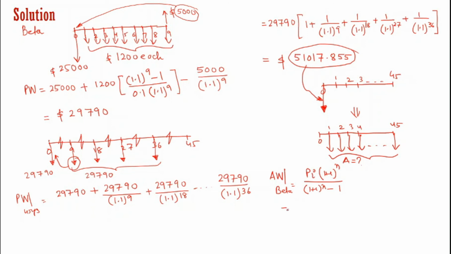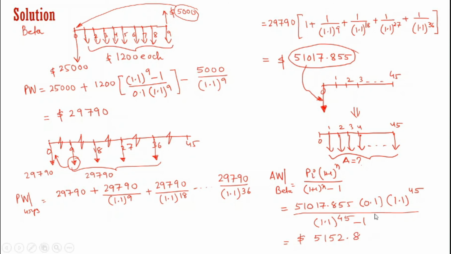If I just write down the numerical values, it will be 51017.855, i is given as 0.1, times 1.1 to the power 45 over 1.1 to the power 45 minus 1. So if I compute this, this comes out to be $5,152.8.